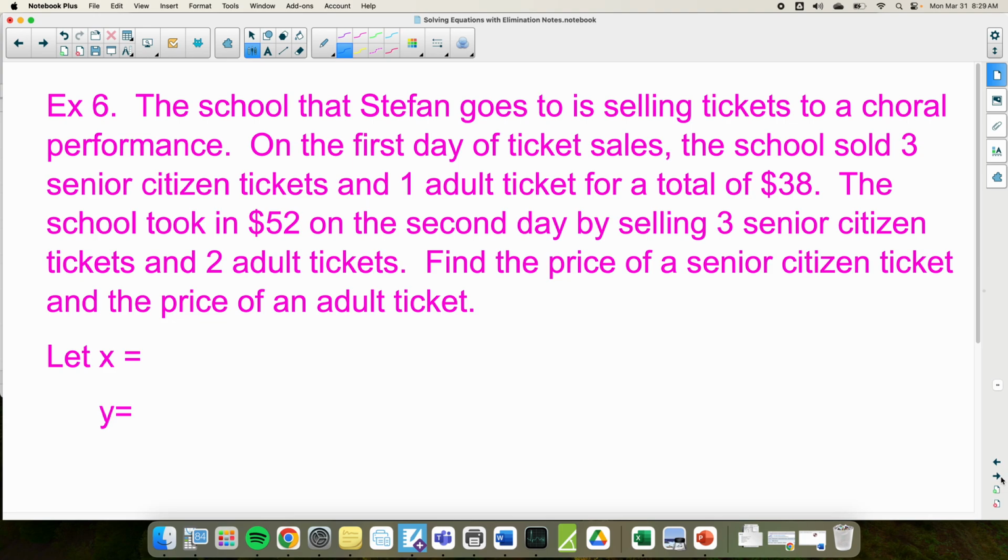So let's have X be the senior citizen ticket. And then Y would be our adult ticket.